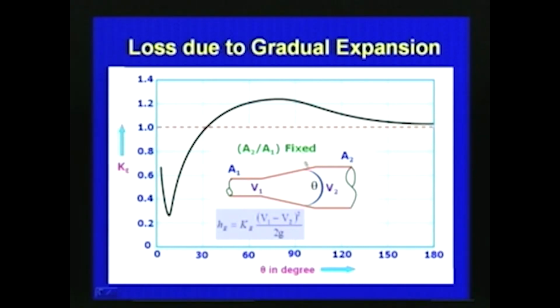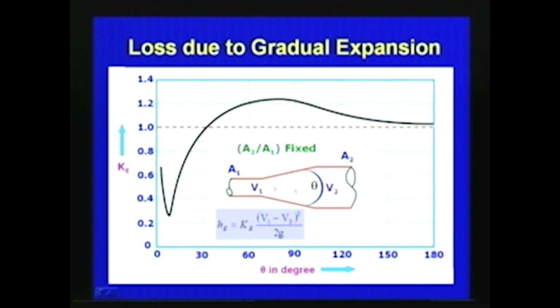Various experiments were conducted with respect to this transition or expansion, with respect to the expansion angle. This is the angle theta. With respect to this theta, we can find various loss coefficients. Here you can see it is plotted from 0 to 180.